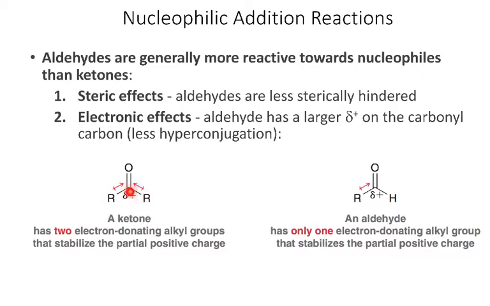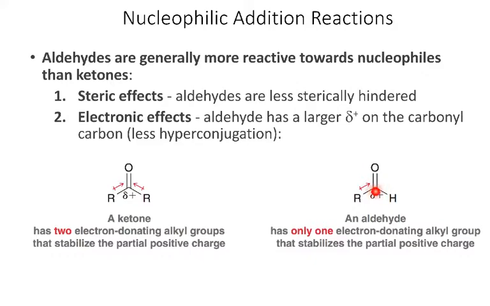So they help negate the partial positive charge on the ketone better than they do on the aldehyde, because on the ketone there are two alkyl groups to donate electron density. In the case of the aldehyde, there's only one. That reduces the electrophilic nature of the ketone a little bit, because as it gets electron density donated to it, it's a little bit less partial positive.